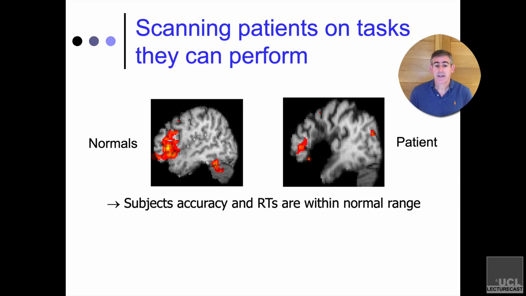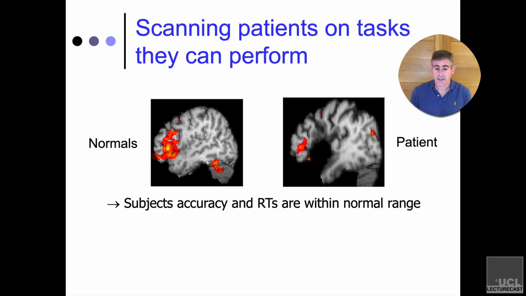Right, so for instance, the activation on the left here is for a semantic task where you've got people looking at words and deciding whether they're man-made or not, right? So there's a very large frontal activation in our normal subjects, and they have no trouble doing this task. Interestingly, if you have patients with a classic Broca's area lesion, so that they have a lot of damage to exactly that part of the prefrontal cortex, they can still do this task, right?